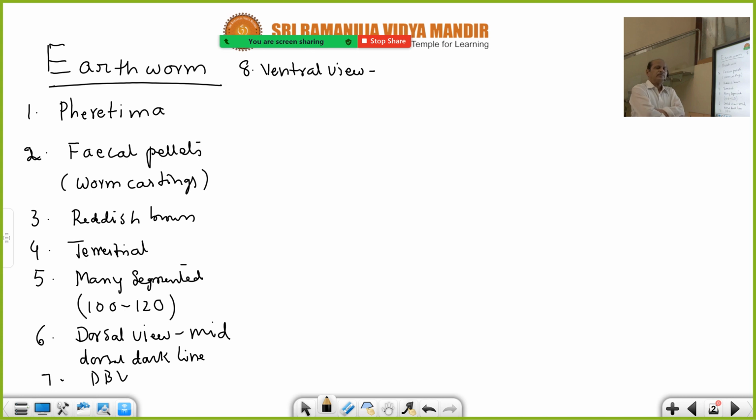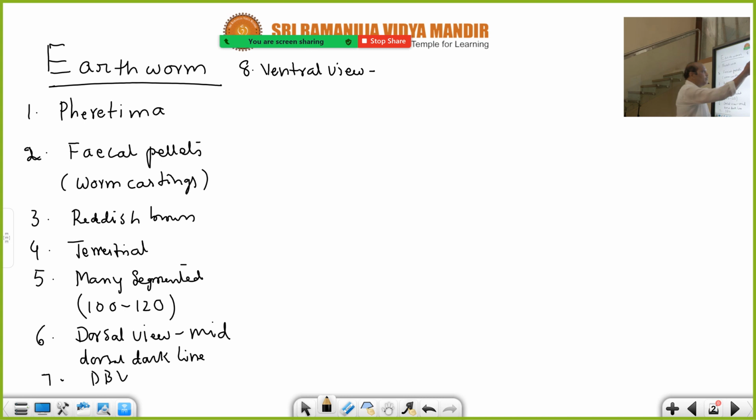After identifying the dorsal view by the mid-dorsal dark line, a representative of the dorsal blood vessel, if you turn the same earthworm to the other side, definitely you can see these openings, apertures. These are genital openings, male genital openings and female genital opening, by which you can easily say that it is ventral.